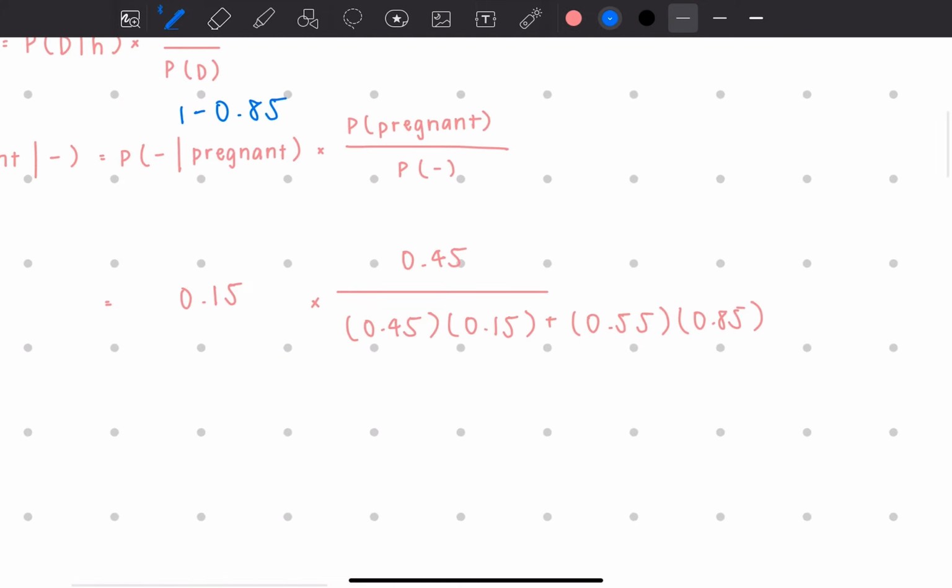So for clarification, this portion represents pregnant women testing negative. This portion represents non-pregnant women testing negative.